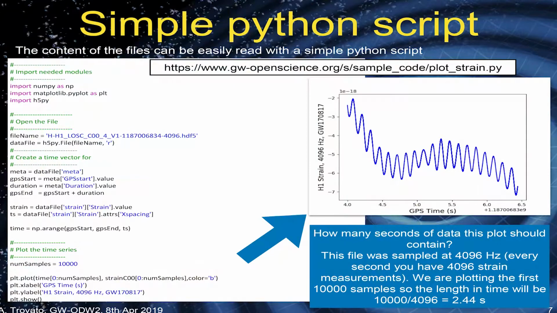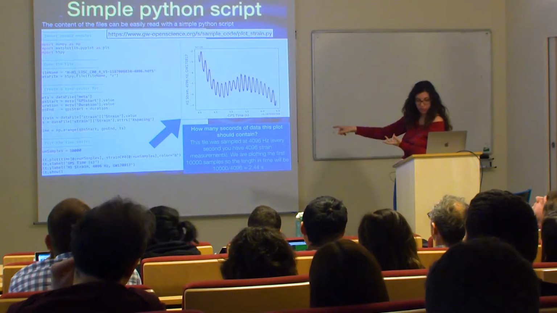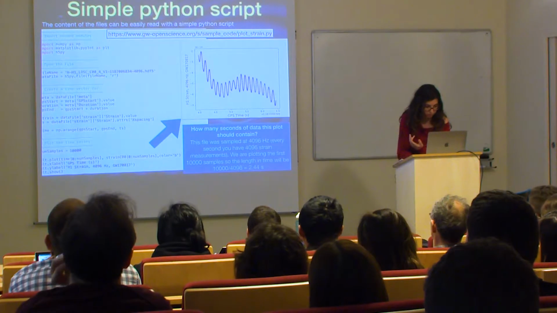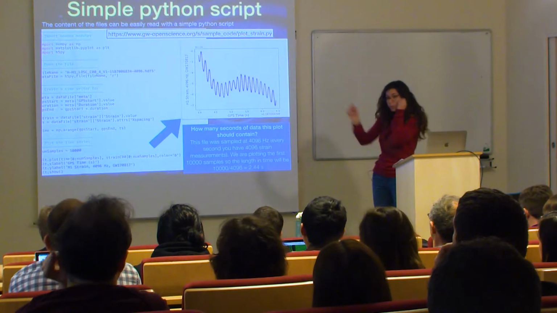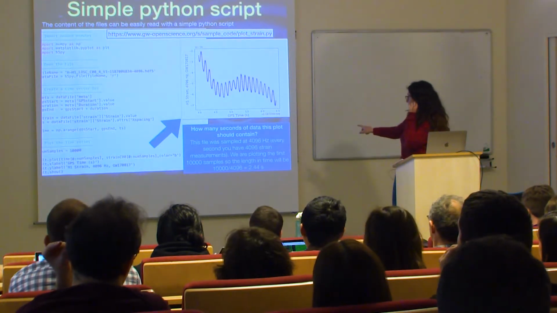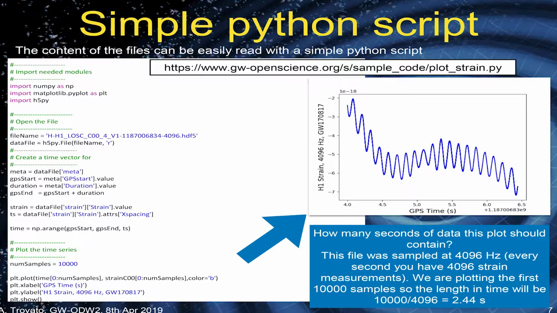Then we can go on. We can load some information. So from the metadata, you can load the GPS start and the duration. Then you can load the strain. And with this simple loop, you can plot, for example, these 2 seconds of data because I asked for 10,000 samples, and since these data are sampled at 4 kilohertz, if you make the math, you divide the 10,000 by 5,000, you find these 2 seconds of data.